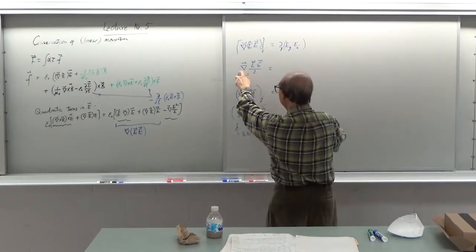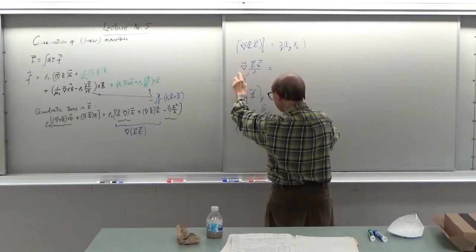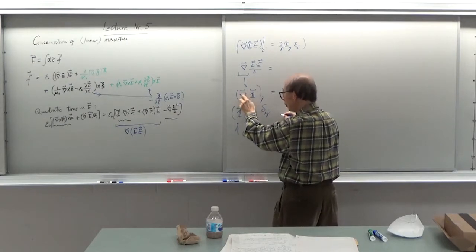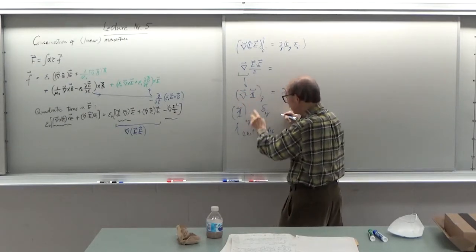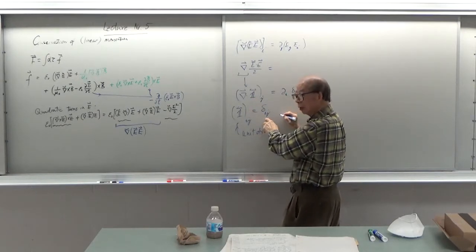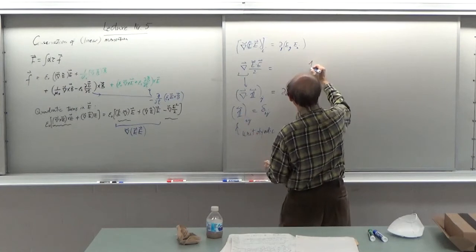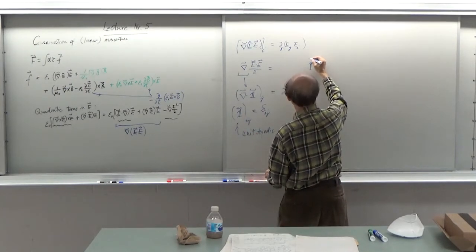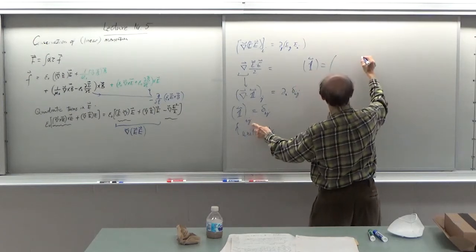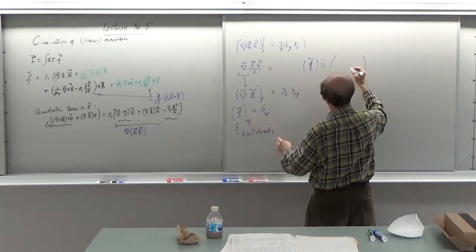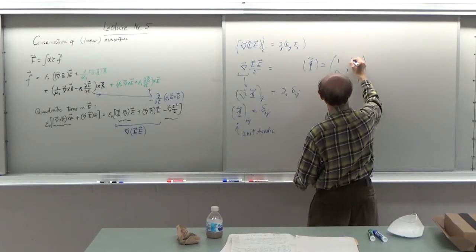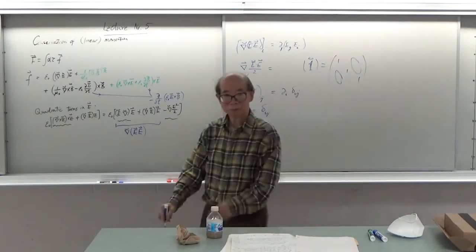So that we can write this gradient operator as the scalar product of the gradient operator and this unit dyadic, whose components are just given by the Kronecker delta function. So in fact, the unit dyadic can be thought of as a 3 by 3 matrix, with 1 on the diagonal and 0 for the off-diagonal elements.